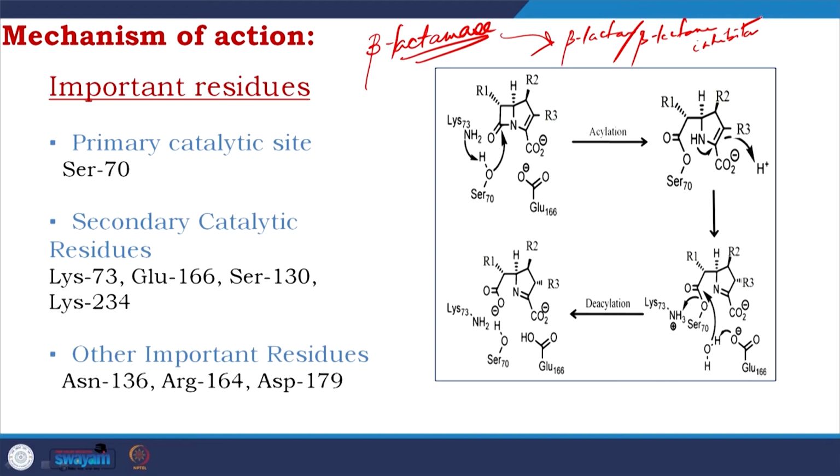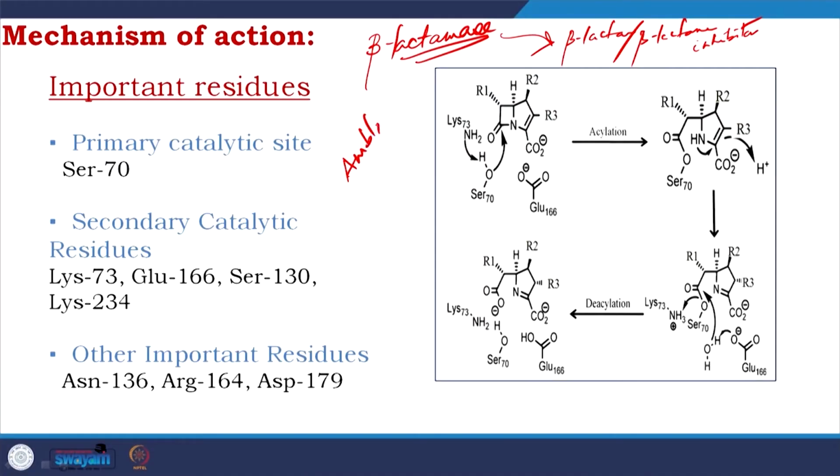What does this mean? This means that because this enzyme is so important, people have developed a language to talk about this, which is called Ambler's classification. What is Ambler classification?